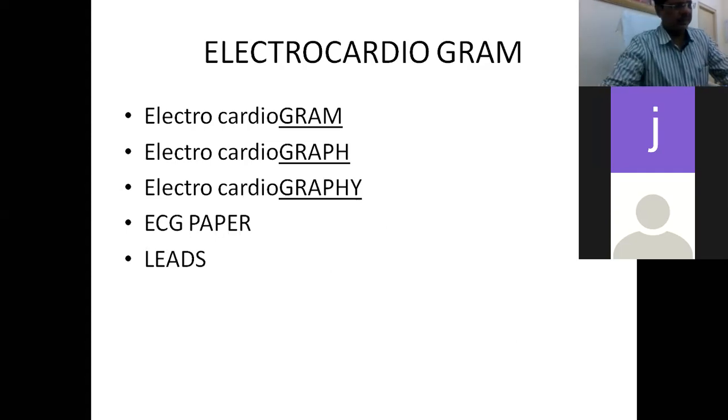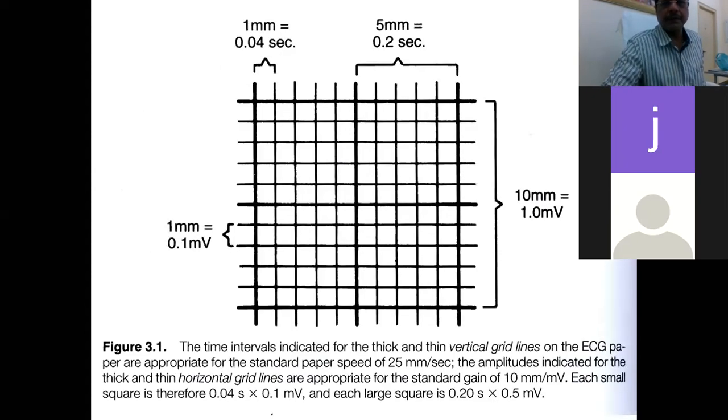And we have been discussing this for the last so many times. That is about this ECG paper. Okay, so I told you about the ECG paper. Just to quickly run through: in the horizontal axis, it is time.